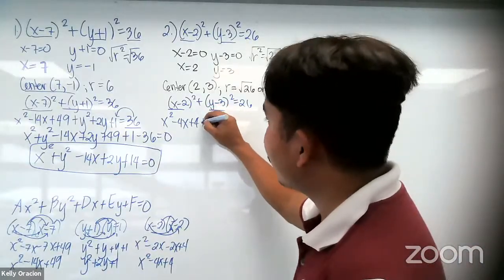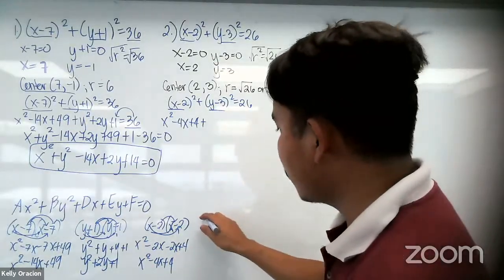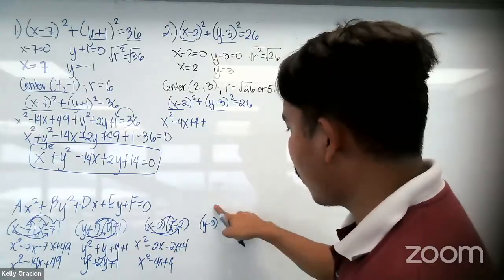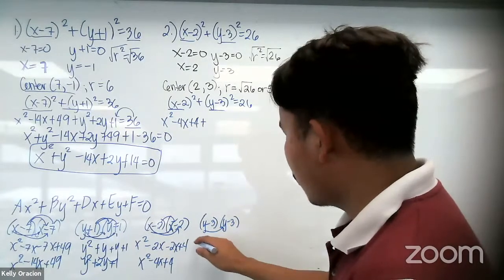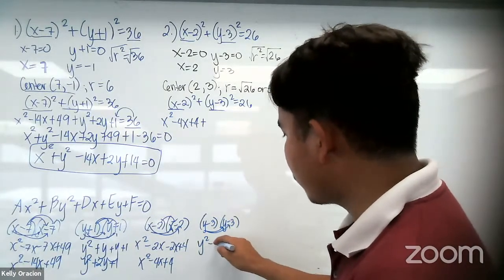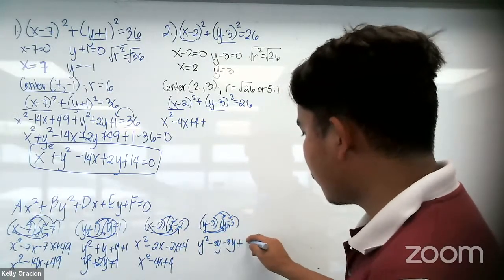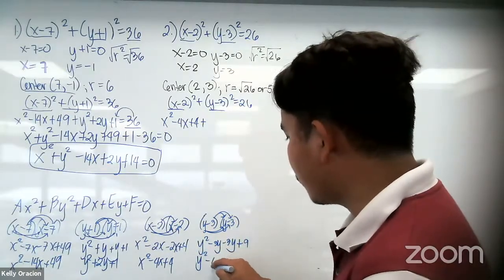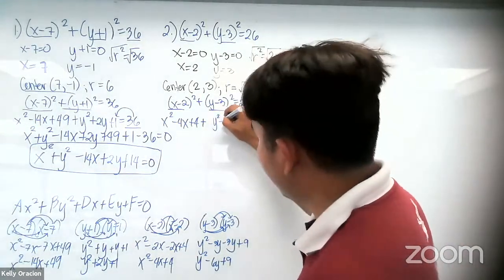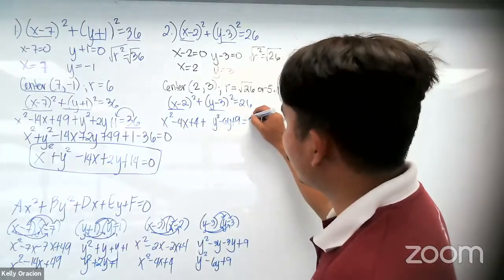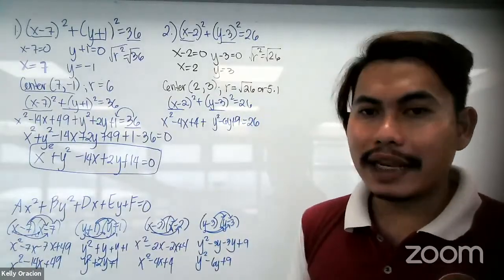Then plus, expand y minus 3 squared, which is y minus 3 times y minus 3. You have y squared minus 3y minus 3y plus 9. So y squared minus 6y plus 9 is equal to 26. Next, combine like terms.